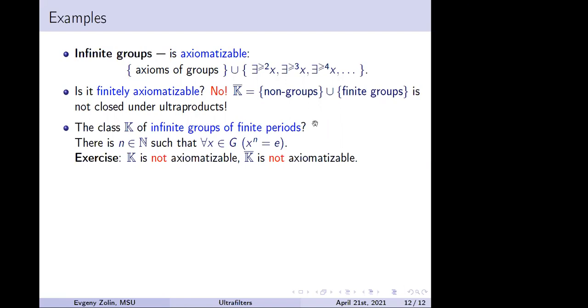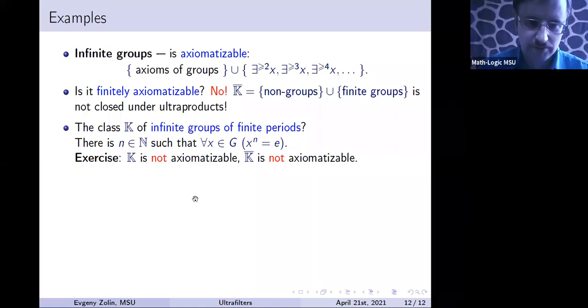Maybe this can be some sequences of zeros and ones, where the operation is addition over the field Z2. Basically this is Z2 times Z2 times Z2 and so on, an infinite product of the group Z2.